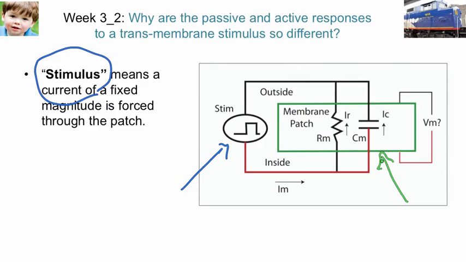So we're thinking of that as a patch of membrane. Inside the membrane, it has a resistance and it has a capacitance. We know that from an earlier week. The capacitance is because it is thin and has a conductor on each side. The resistance is because the membrane has holes.